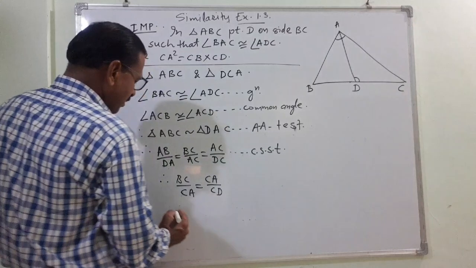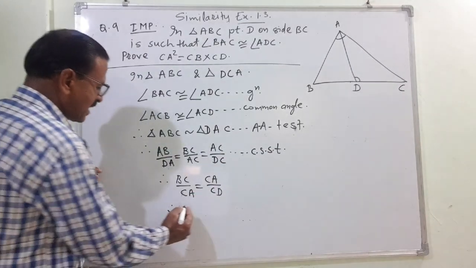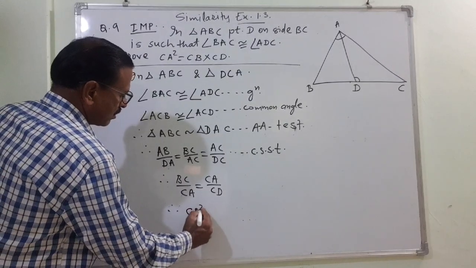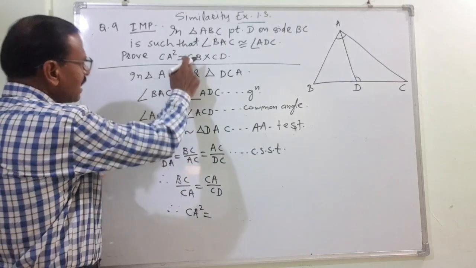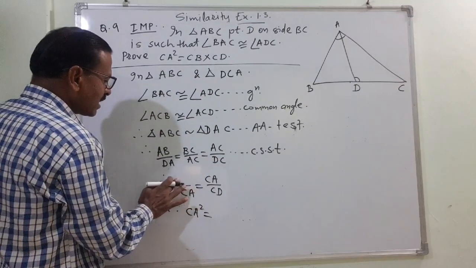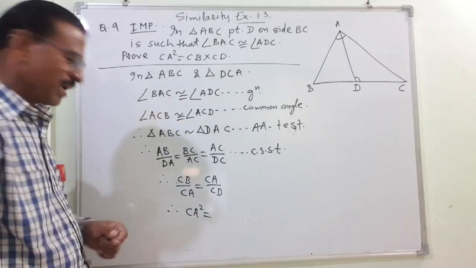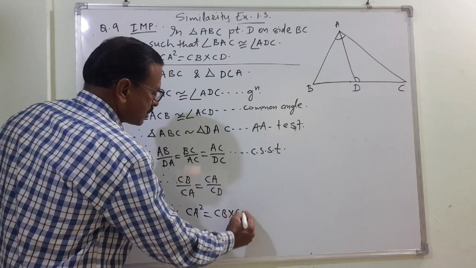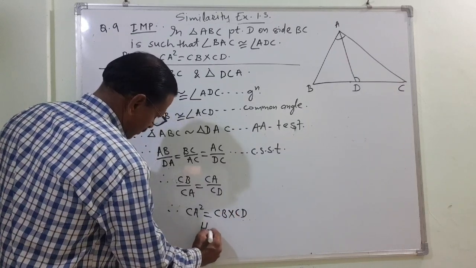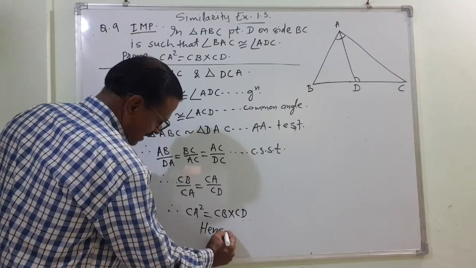Is this clear? Therefore, now I will do the cross multiplication. CA into CA will be CA square is equal to, now this BC, that BC also they want CB. I will write CB, or afterwards also you can make it. There is CB into CD. Hence proved. Not HENS, HENCE.